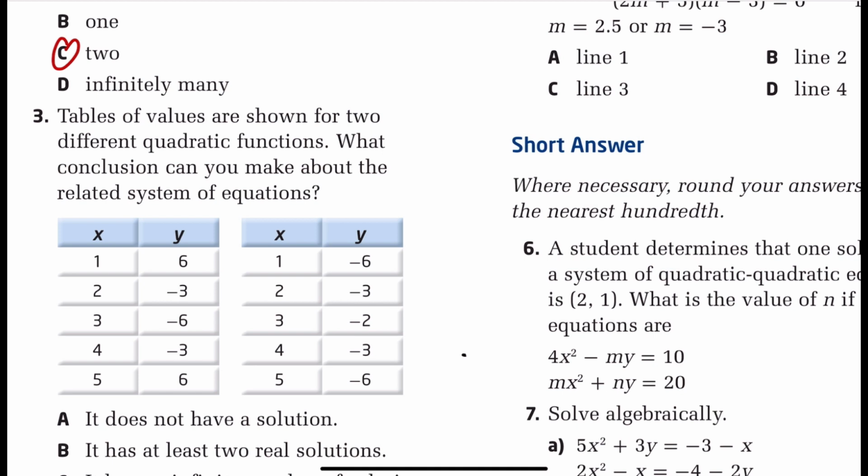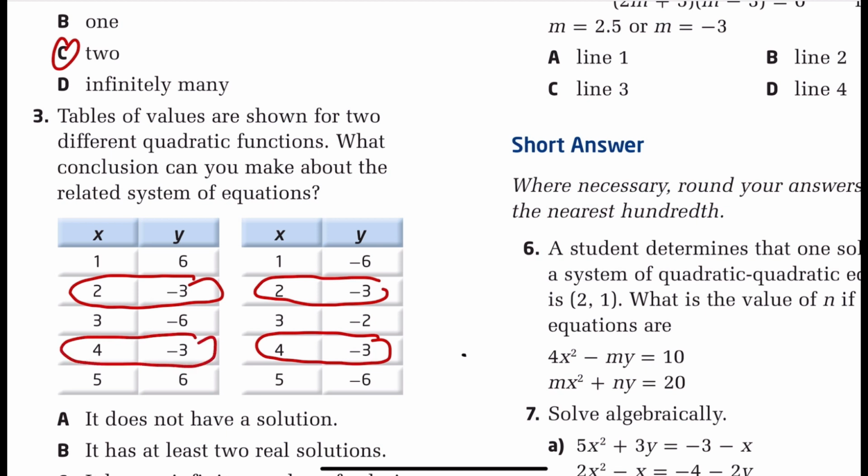If you look here, 2, minus 3, they are similar, and 4, minus 3, they are similar. So we can see the tables of values have 2 points in common.